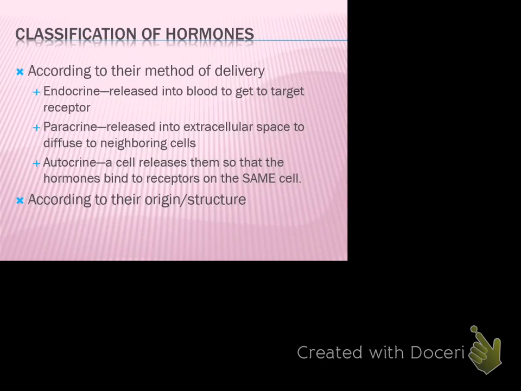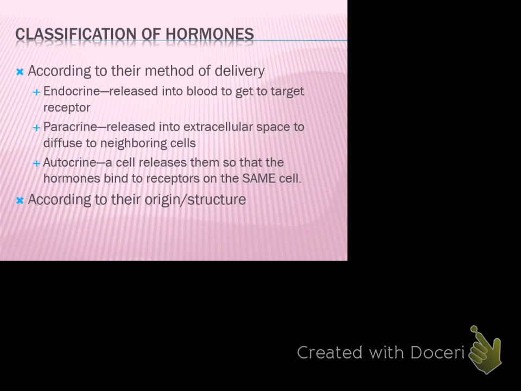That's where the cell that releases them contains the receptors, so it gets affected by itself, okay? Whereas endocrine is the one that gets released in the system, and the target cells or the receptors could be on tissues that are great distances away.